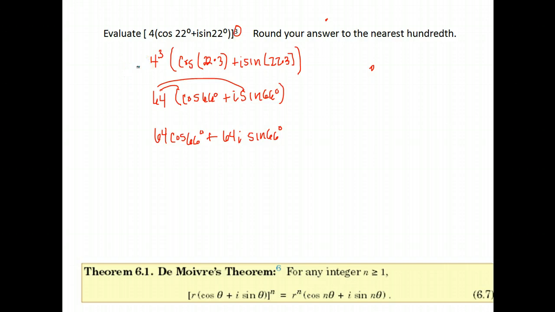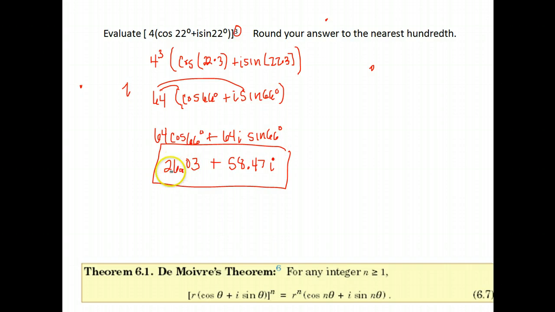Just calculate that, so 64 times cosine of 66 degrees gives me 26.03 if I round to the nearest hundredth, plus I'm going to take 64 times the sine of 66 degrees, and I get 58.47i.